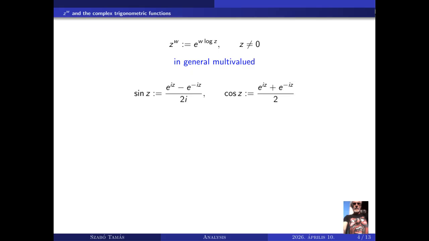sin z equals the quantity e^(iz) minus e^(-iz) over 2i, and cos z equals the quantity e^(iz) plus e^(-iz) over 2. sh z equals the quantity e^z minus e^(-z) over 2, and ch z equals the quantity e^z plus e^(-z) over 2.